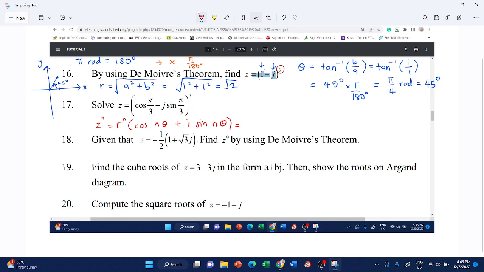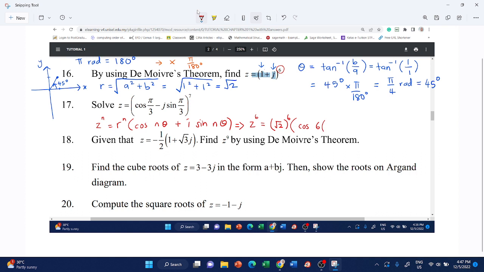So for z power 6, our r is square root 2, so we have square root 2 to the power of 6, times cos n theta, so 6.